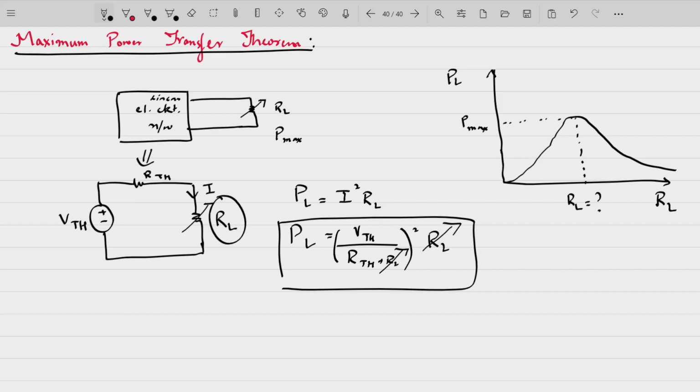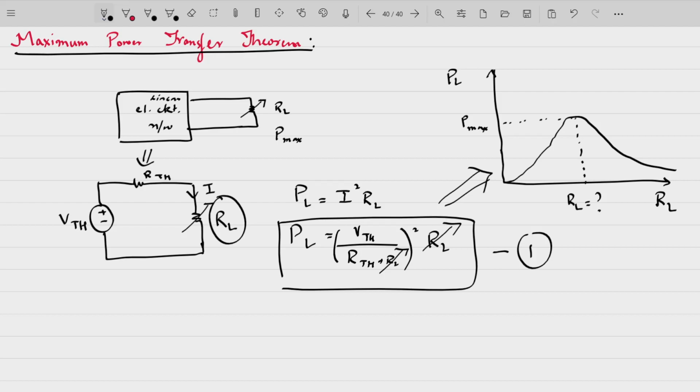This is your equation. You can simply plot PL versus RL. Simply take RL equal to 0, 1, 2, 3, 4, 5, and see how PL is varying while keeping VTH and RTH constant in this equation. So you will get this curve. This is the power PL versus RL curve.